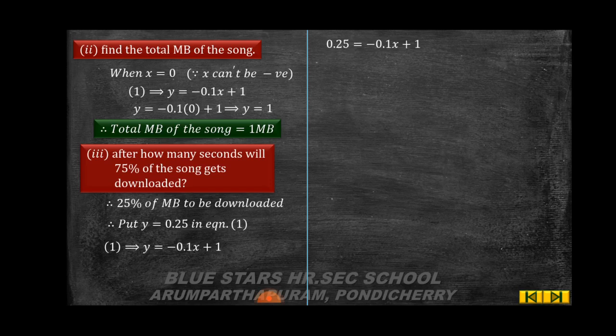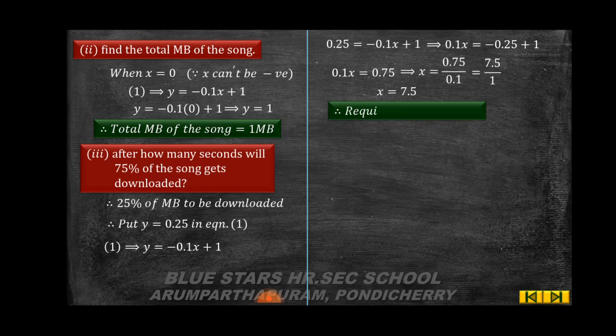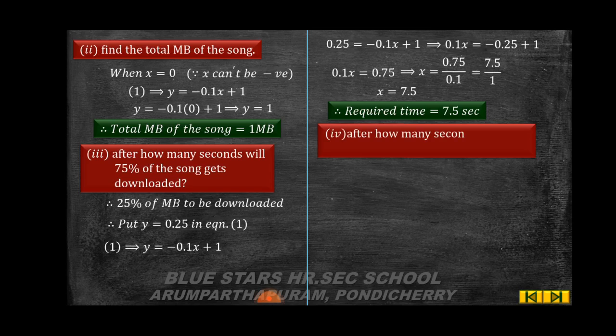So 0.25 is equal to minus 0.1x plus 1, which implies 0.1x is equal to minus 0.25 plus 1. 0.1x is equal to 0.75. So x is equal to 0.75 divided by 0.1, which is equal to 7.5 by 1. So therefore the value of x is equal to 7.5. The required time is 7.5 seconds to download 75% of the song.